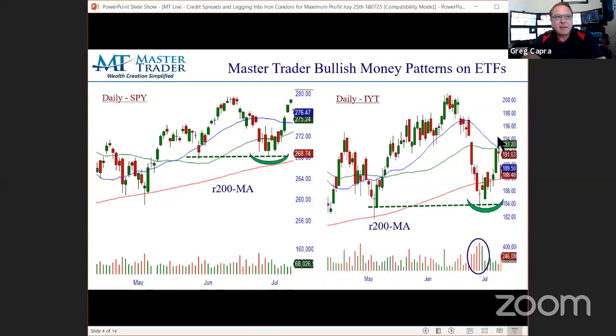Yeah. And I think, look, when we do get to the scanner, I will find the patterns. But one of the things for those that are new to options trading, and what we're talking about here today, is that there's two elements to it. There's the charts and there's the options.